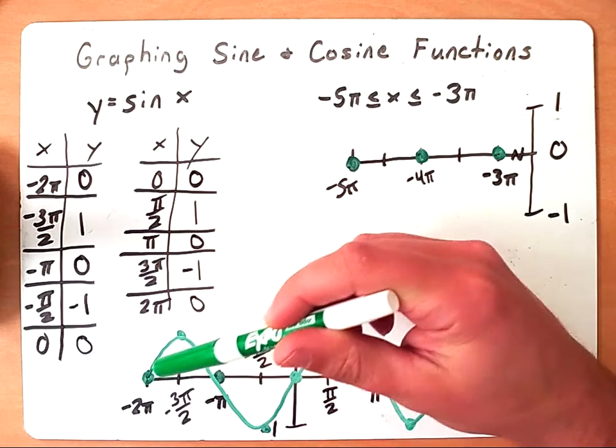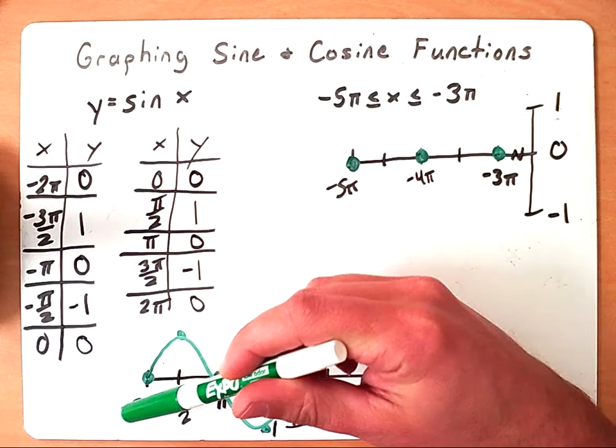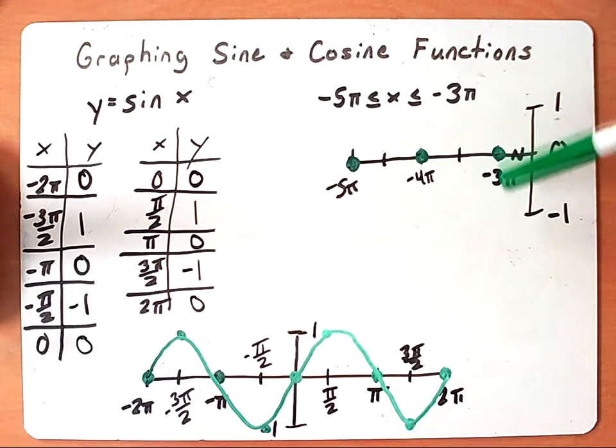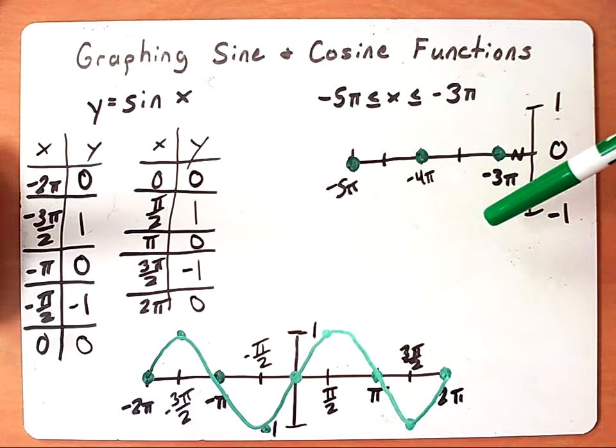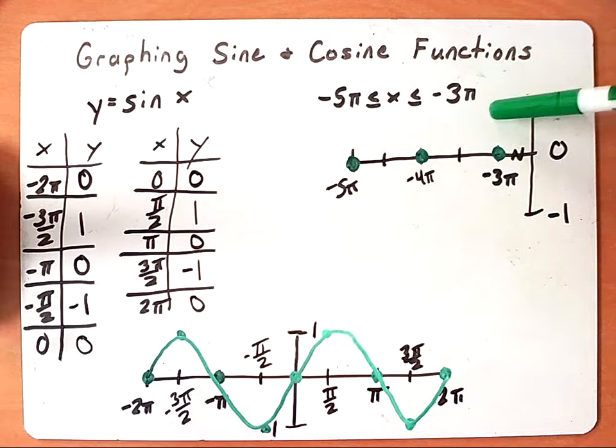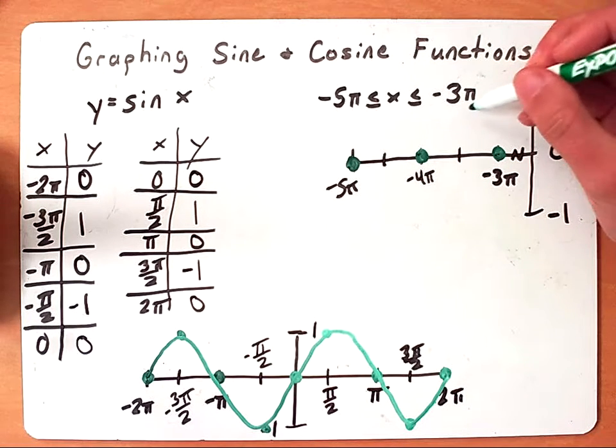When we hit -2 pi, an even number, we are moving downward. So I can look at this graph and see that if we are at a negative odd number, we will be moving upward. If we are at a negative even number, we will be moving downward. So from that information, I could see that at -3 pi, we would be moving upward.